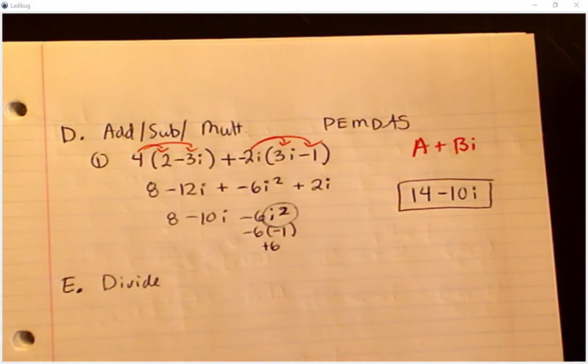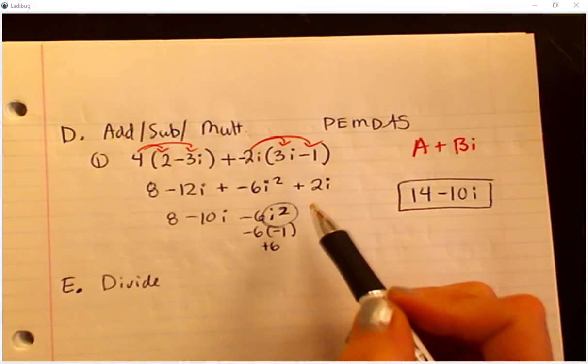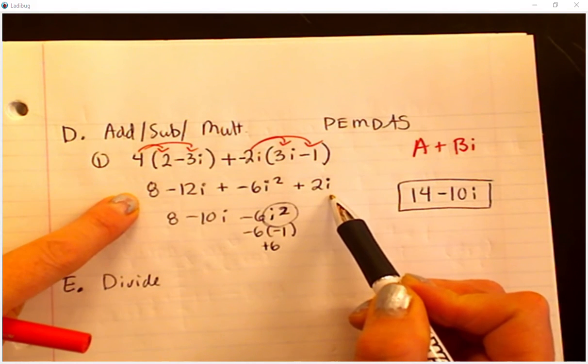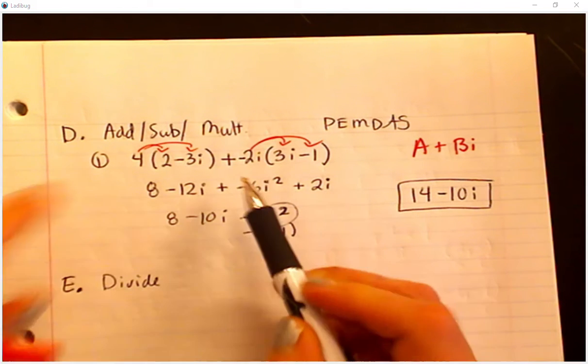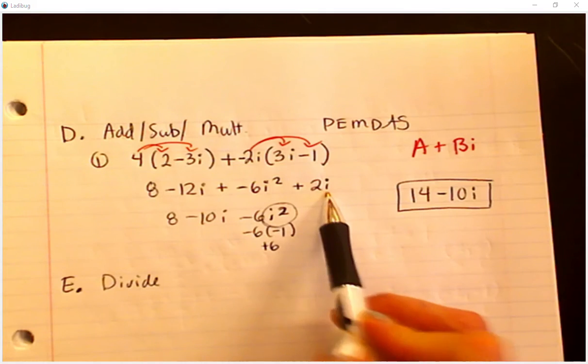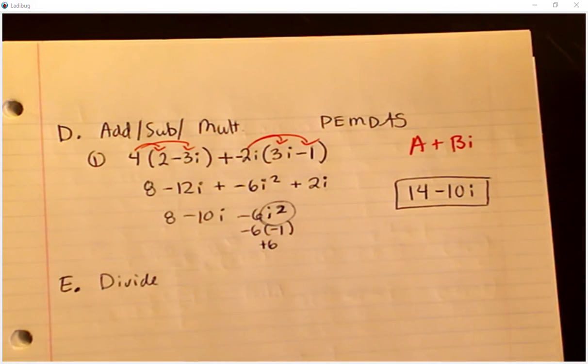You're distributing the negative. But you only end up with one number, not 2, for the second part. No, because the first term is i squared. The second term is just i. I didn't see the i. Okay.